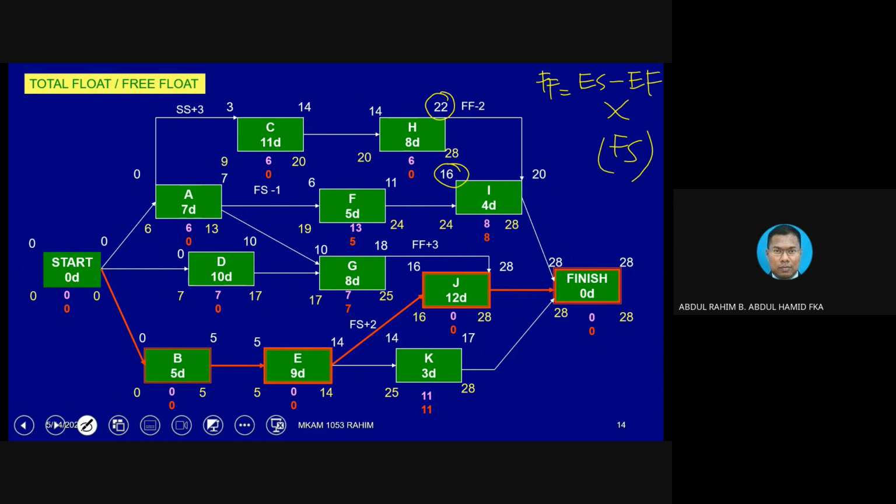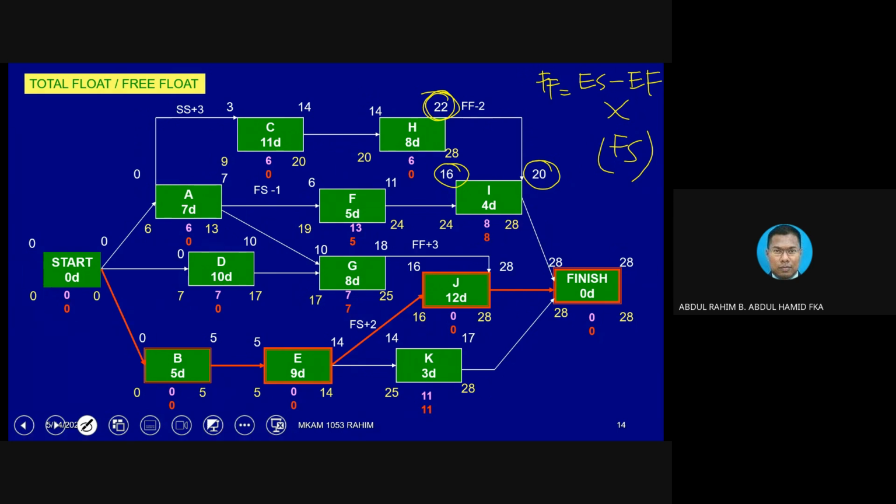Okay, we can compare like this. This value, we need to compare with this value. That is the right comparison because the definition of free float is basically the free time such an activity has without affecting the starting of the subsequent activity.